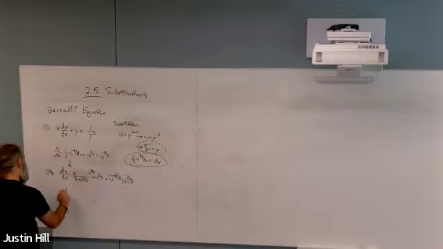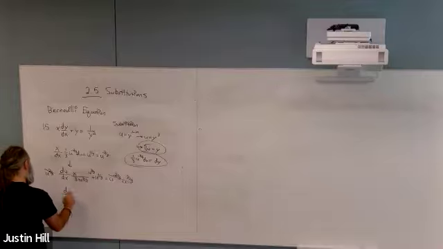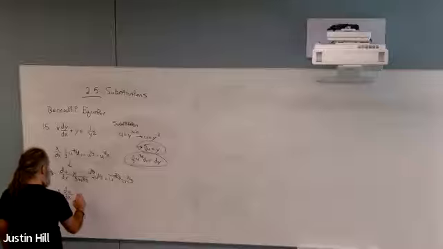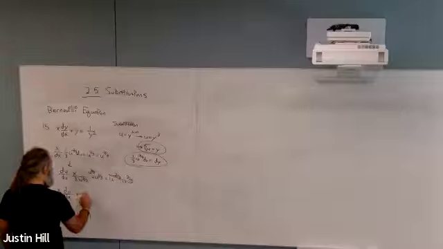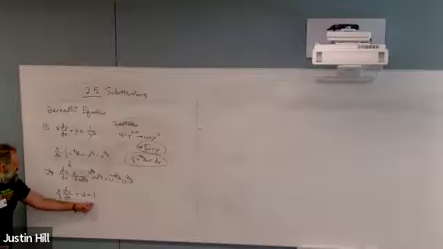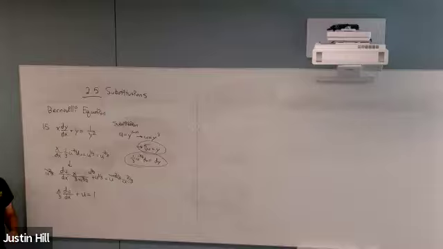So we end up with du dx times x over 3 plus 2/3 plus 1/3 is 1, so plus u equals 1. Good. And the first thing to notice is that now this is a first order linear differential equation.